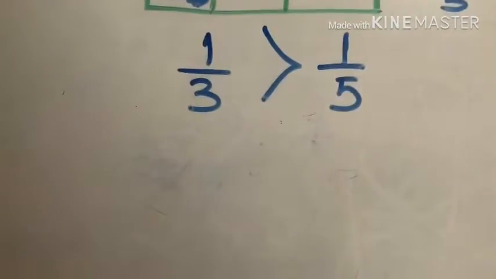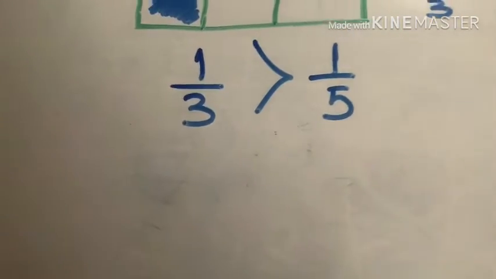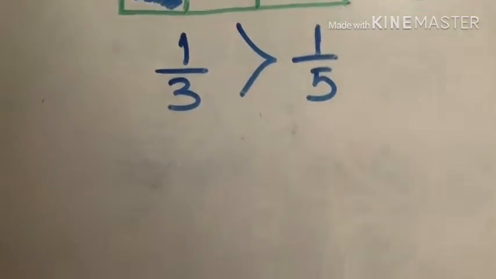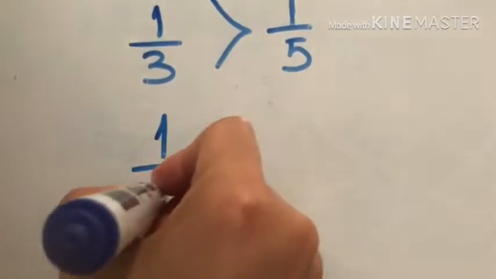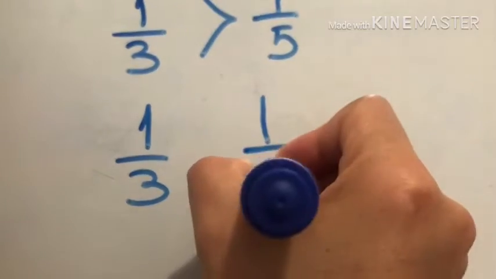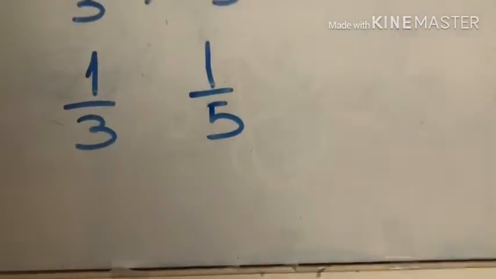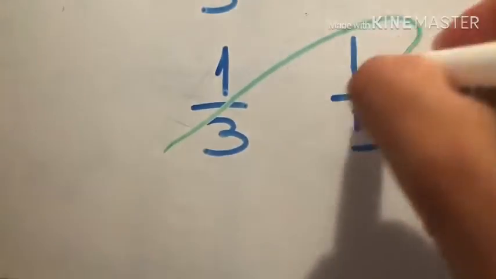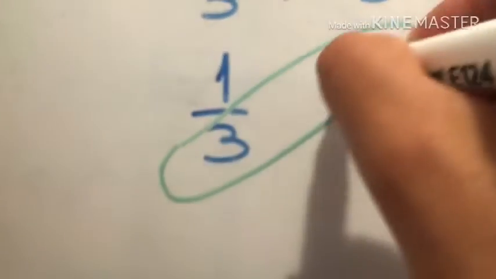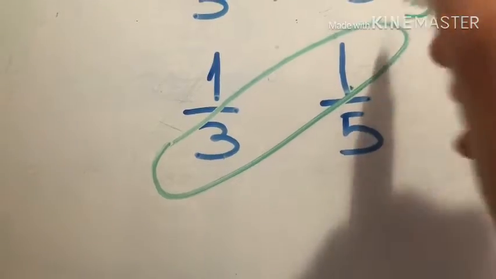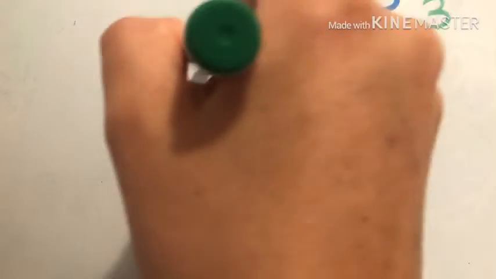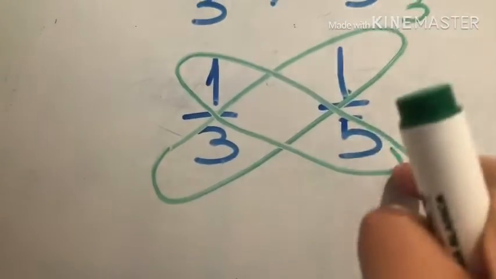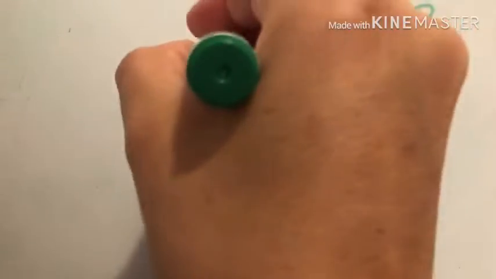Now we're going to do it with the butterfly method or the cross multiplication. We have the 1/3 and we have the 1/5, and we're going to multiply the bottom times the top. 3 times 1 equals 3, and then the bottom times the top, 5 times 1 equals 5.